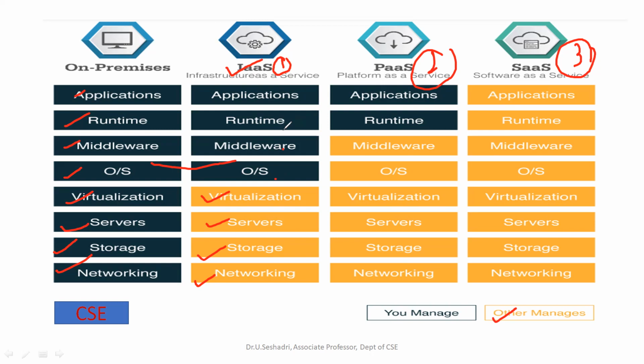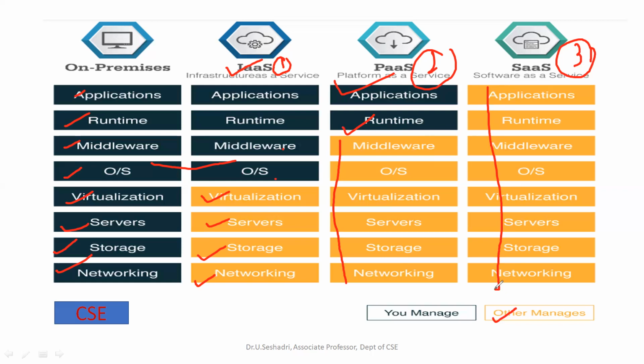If we are using the cloud delivery model platform as a service, up to this point you don't worry. The providers will take care. You only take care of runtime and the applications. If we are using the software as a service model, everything is taken care of by others.